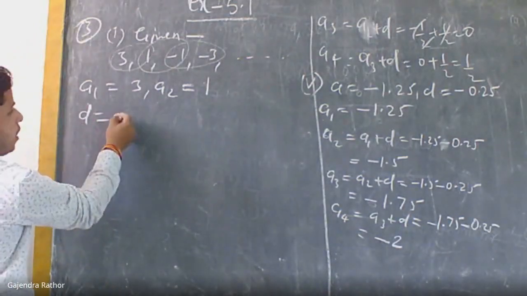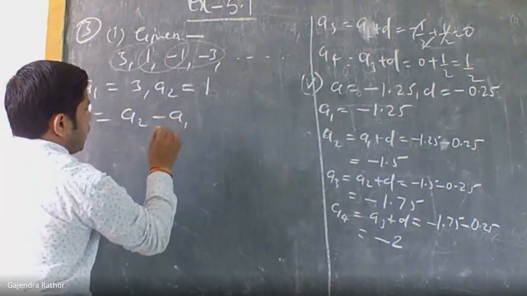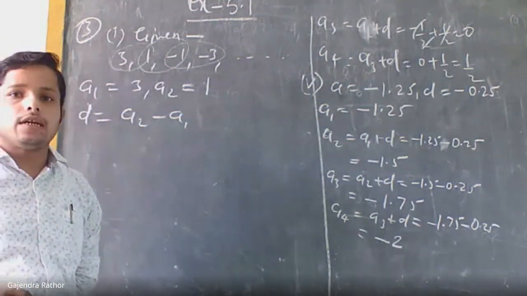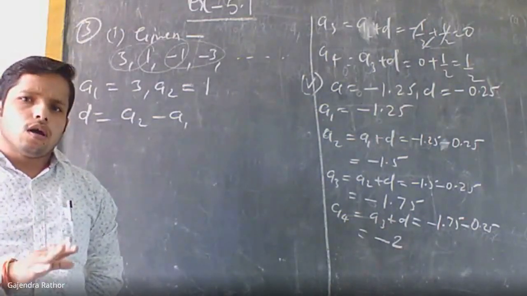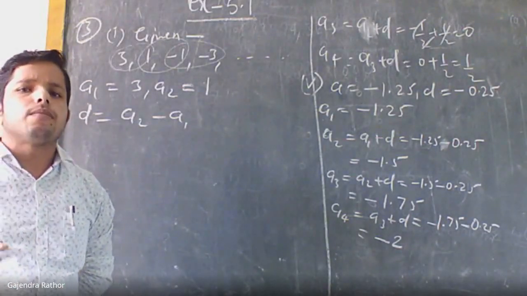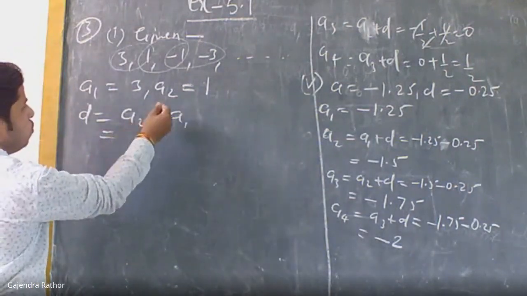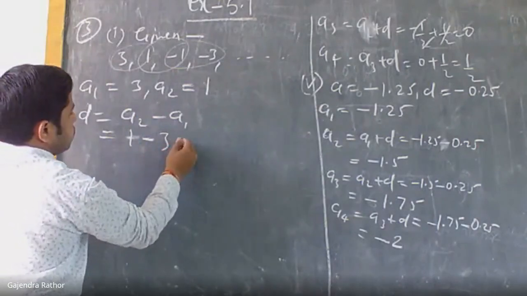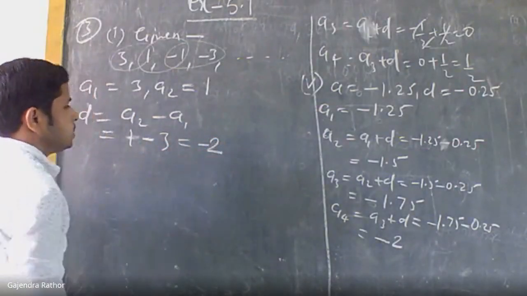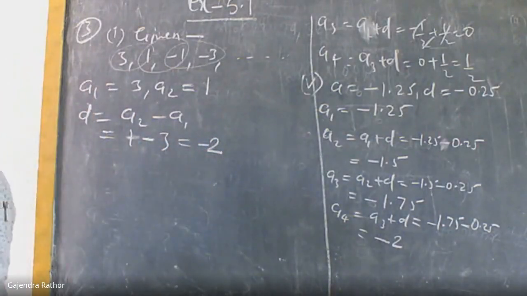So I am finding A2 minus A1. We can also write A3 minus A2, A4 minus A3, A5 minus A4, but we will get the same value. What is A2? 1, and A1 is 3. So the common difference is minus 2.